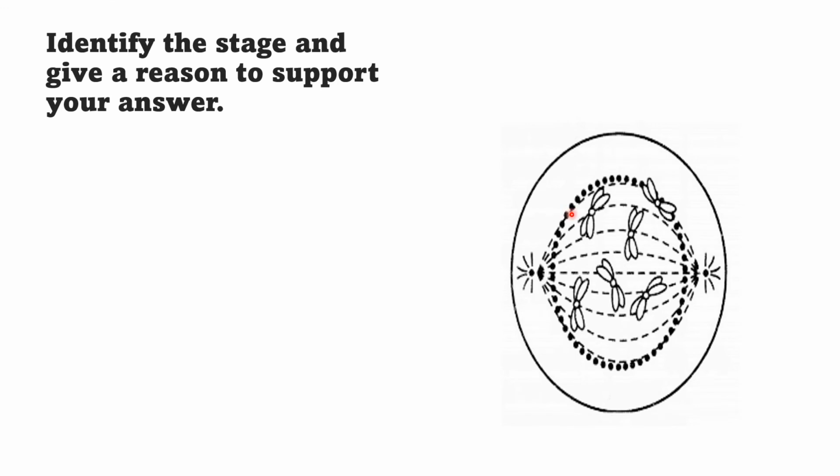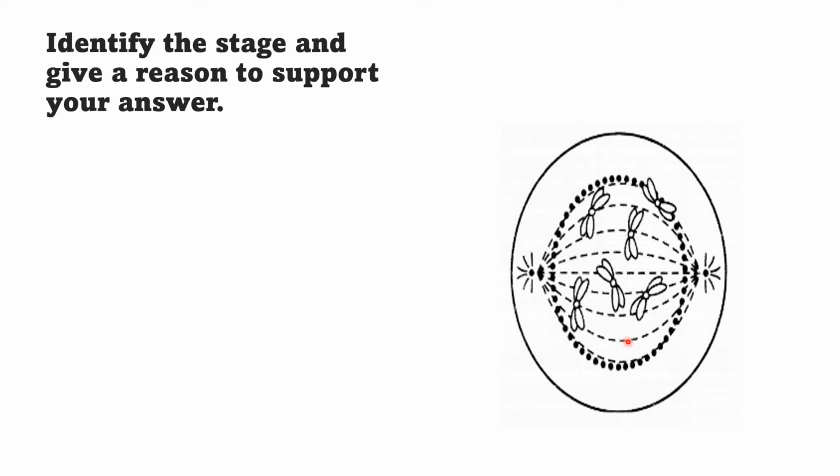Identify the stage and give reason to support your answer. How to identify the stage? Yes, you have to check whether this diagram is prophase, metaphase, anaphase or telophase. All of you know that metaphase means chromosomes arranged in equatorial plane. Here it is not like that.